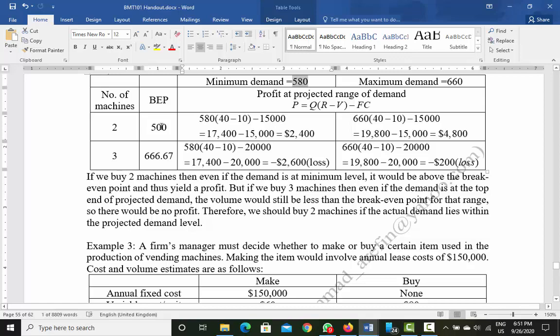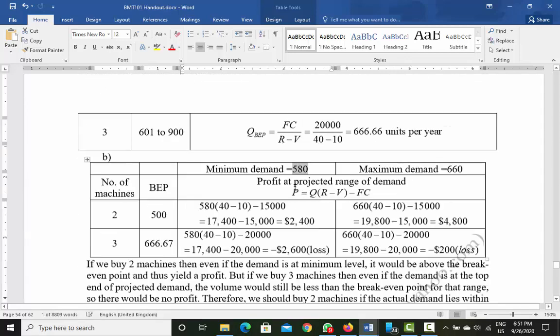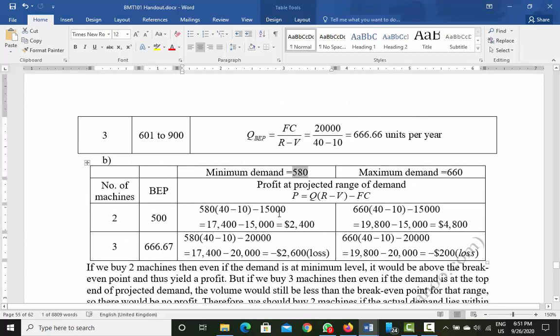If the manager buys 2 machines, the fixed cost is $15,000. So the manager will make a $2,400 profit.